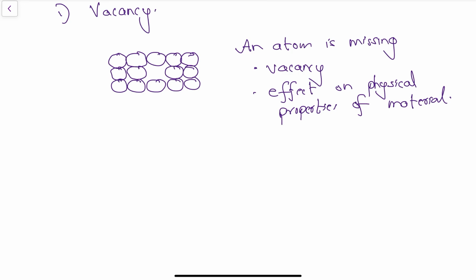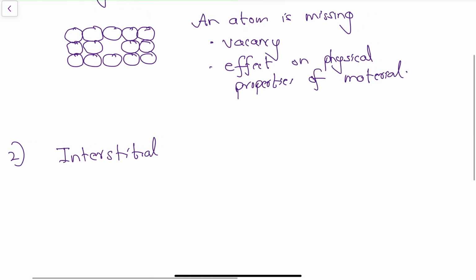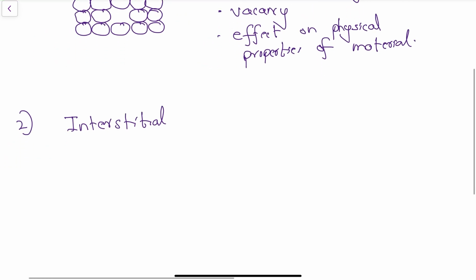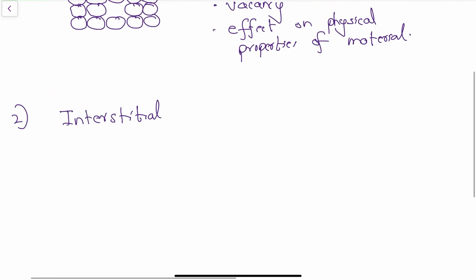So the second type of defect is the interstitial impurity. An interstitial impurity defect is like this.